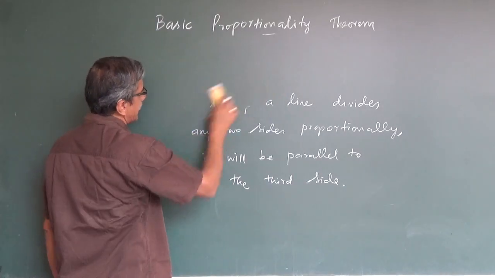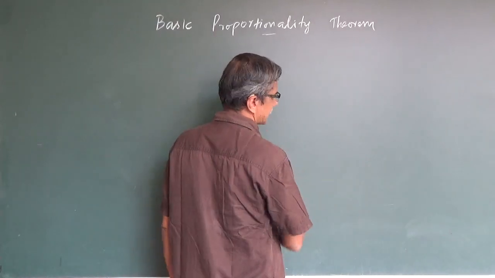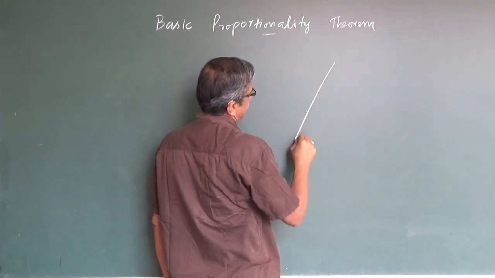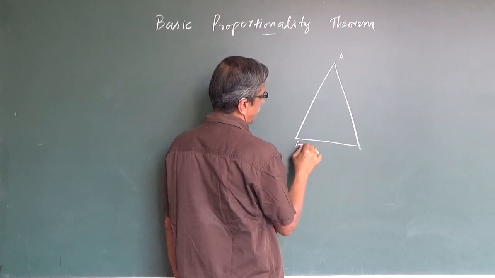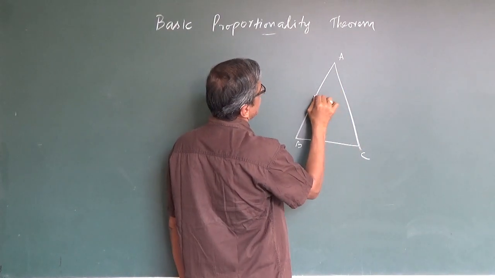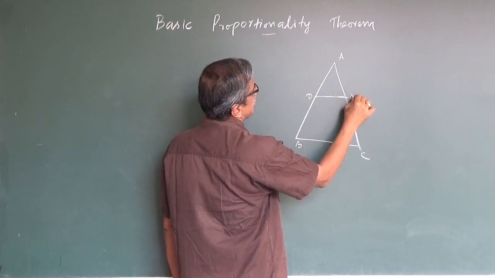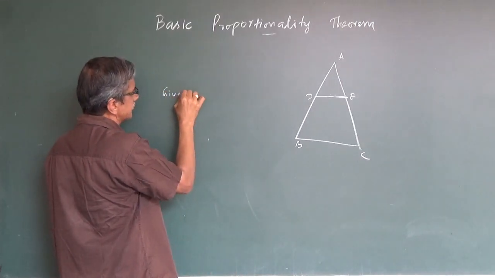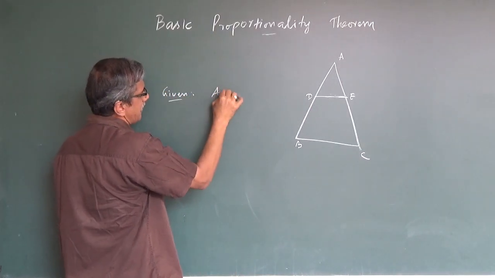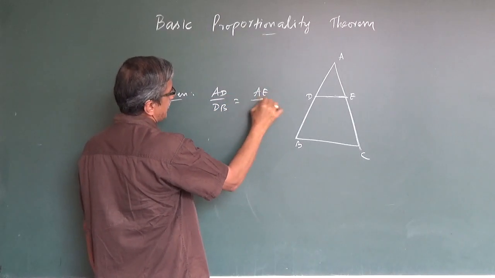I will explain with the diagram. That is, in this triangle, let us say this is DE. Let us say given is AD by DB is equal to AE by EC.